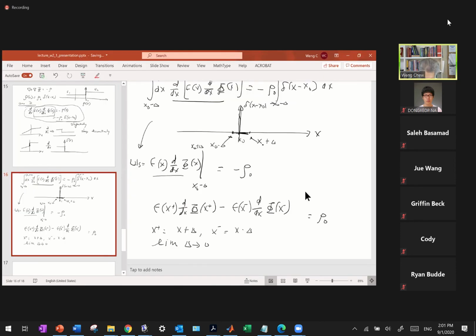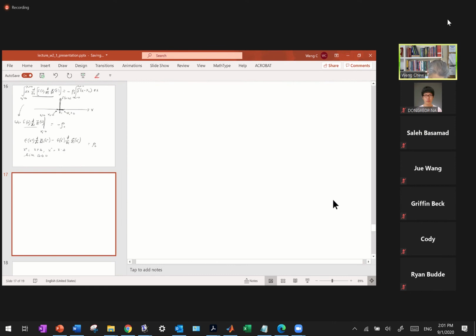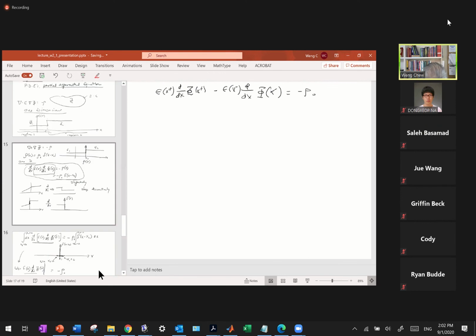Okay, so I have the boundary condition that epsilon x plus d dx of phi of x plus minus epsilon x minus d dx of phi of x minus is equal to minus rho 0. There should be a minus here, I think.